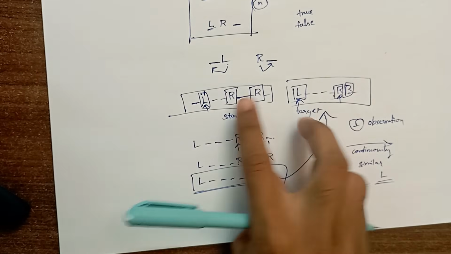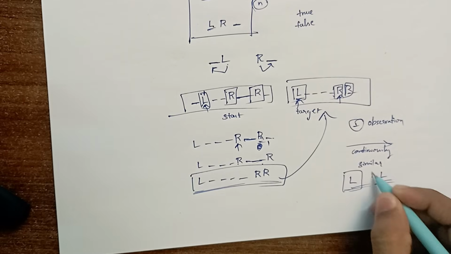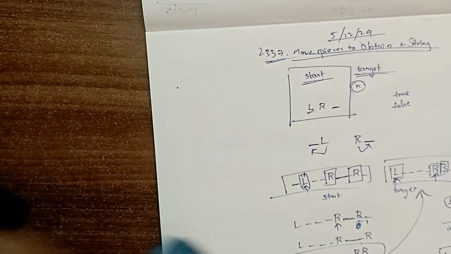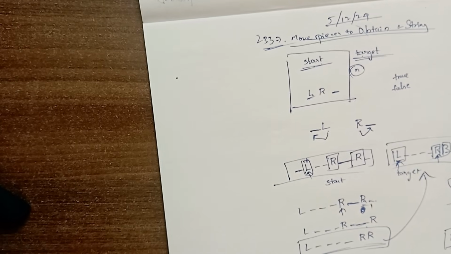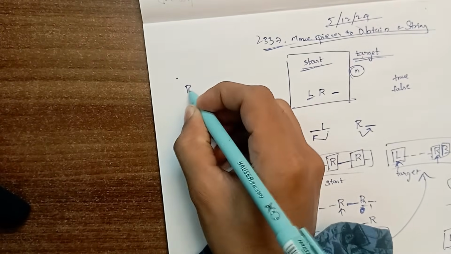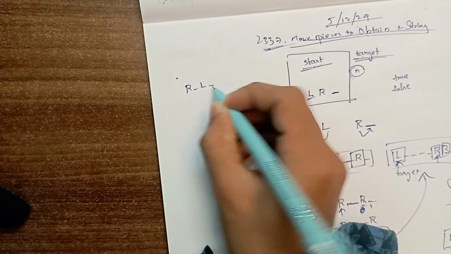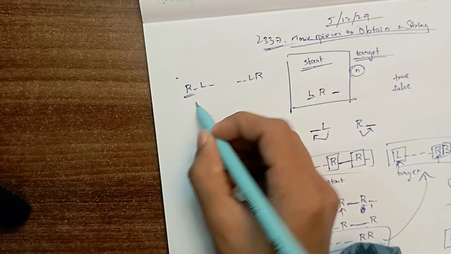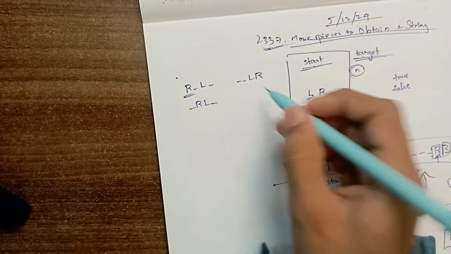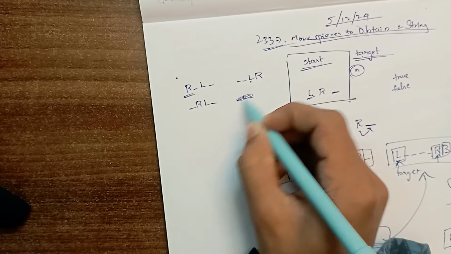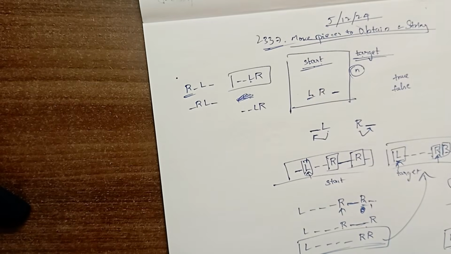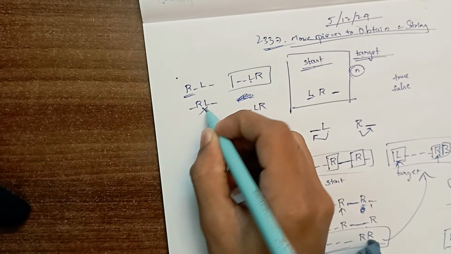If you traverse through both the strings, we got L and L. Let me take another example: R underscore L underscore underscore underscore L R. Now R can be transformed to here, but L cannot be transformed to the target.